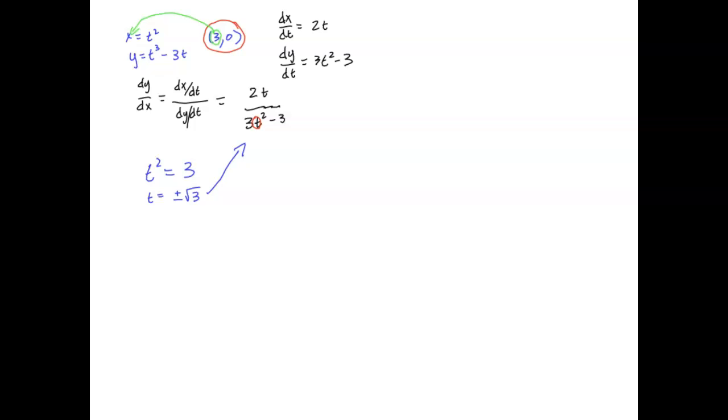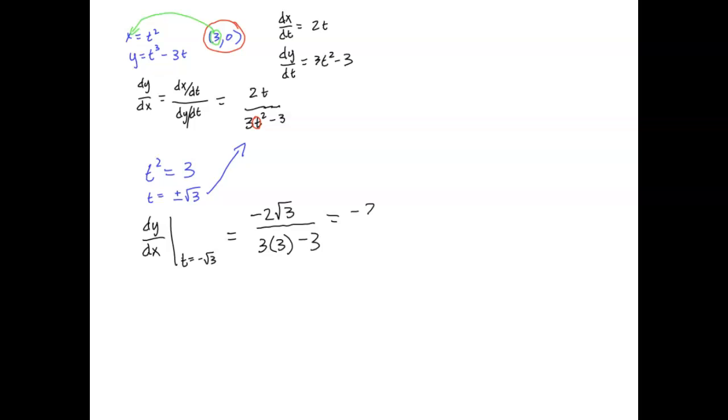So let's look at dy dx, and I'll just say at t equals the negative square root of 3. So I'm going to get negative 2 root 3 over 3 times, when we square the negative square root of 3, we just get positive 3 minus 3.